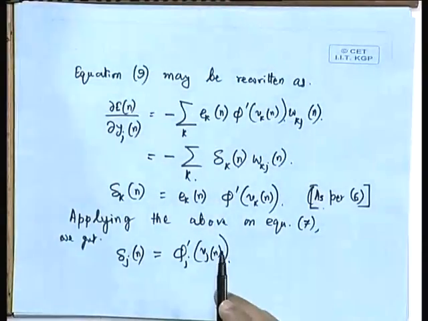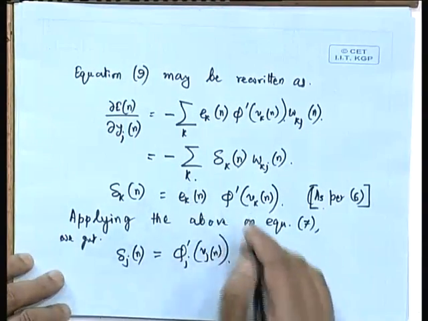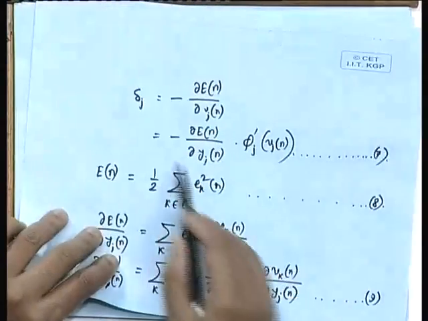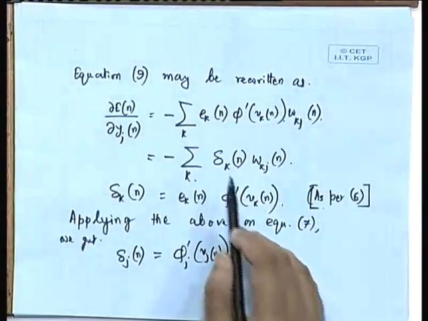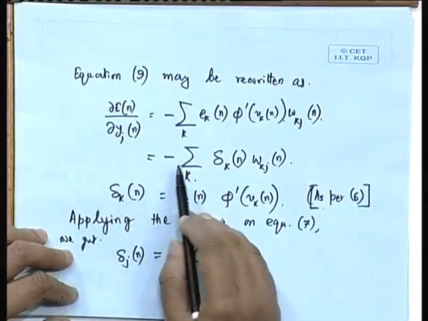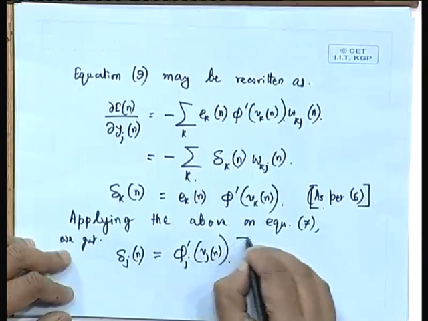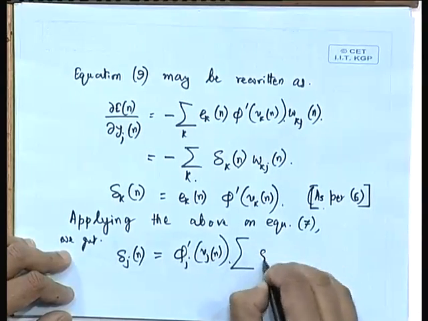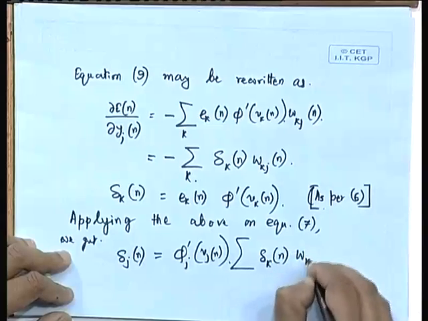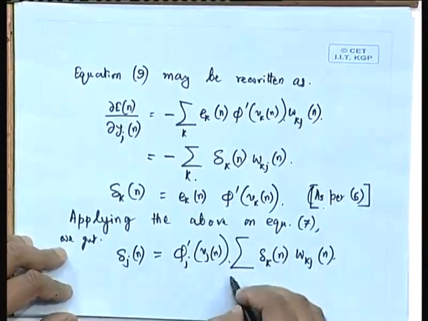So dou En dou Yjn is simply this expression. Since we already had a minus over here, and this dou En dou Yjn is giving us another minus sign, together it will be of positive sign, summation of delta Kn Wkjn, and this we have to sum up over k.